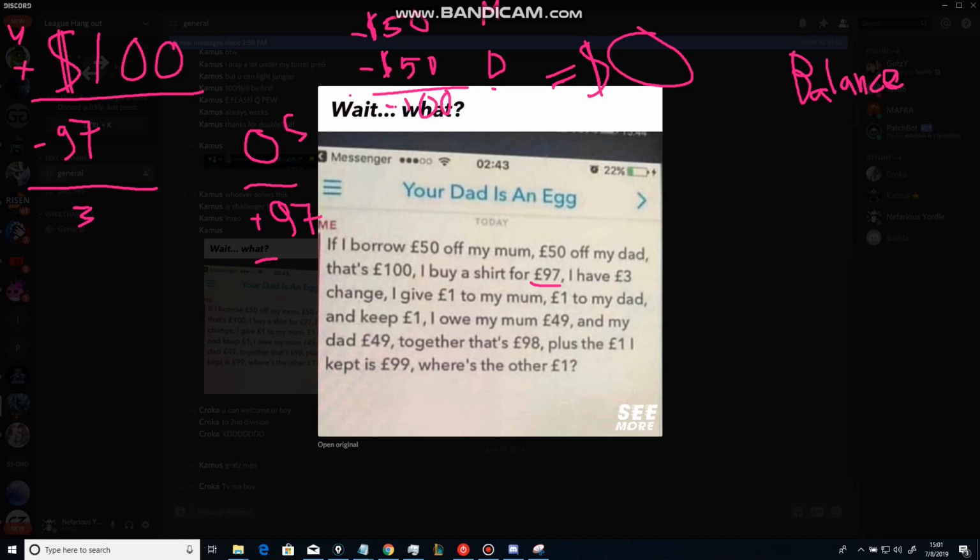So now they have 97. So the balance is plus 3 plus 97 minus 100, which is still equal to 0, right?